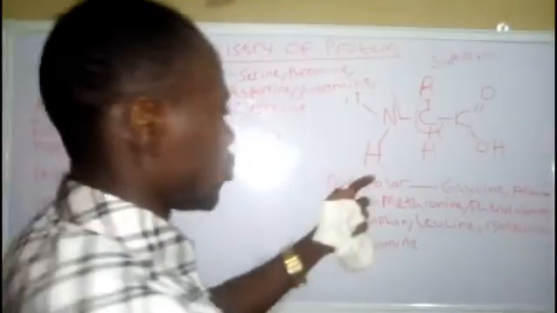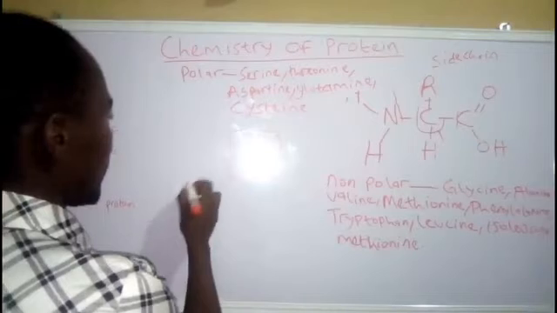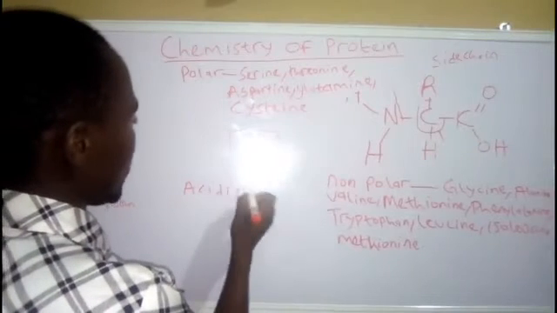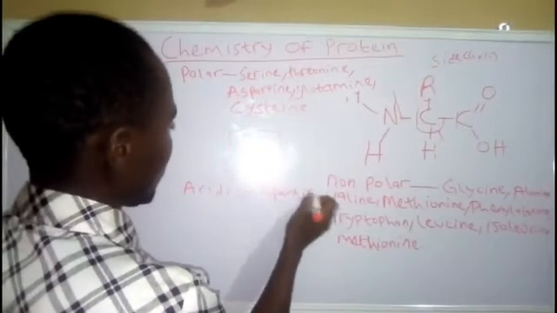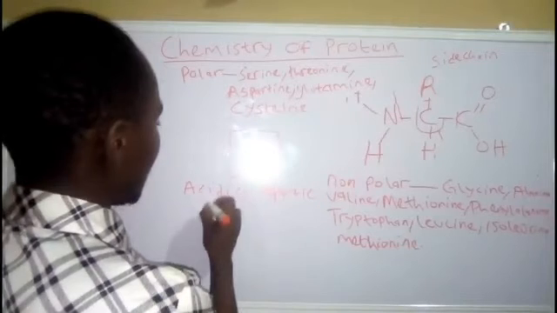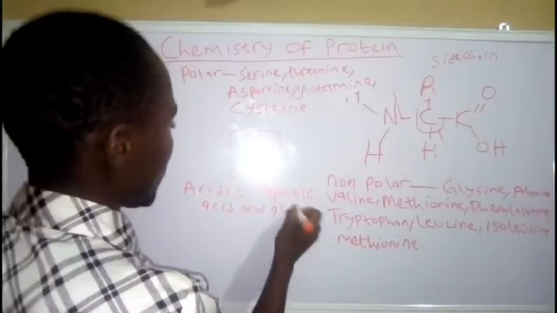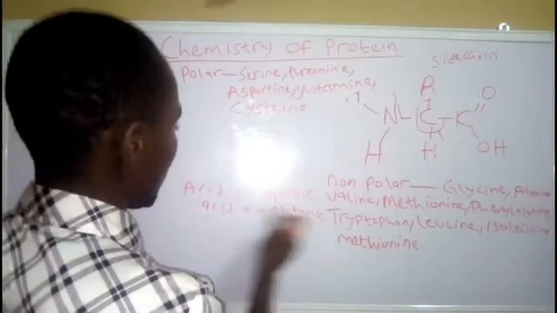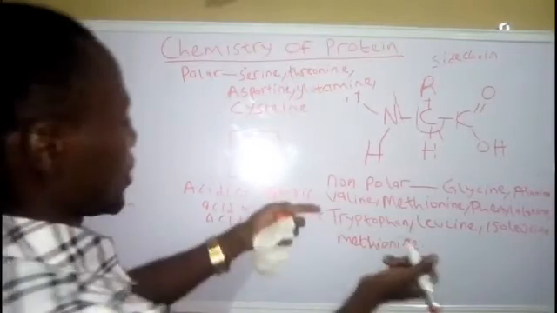So now back to the acidic. The acidic amino acids: we have aspartic acid and glutamic acid.